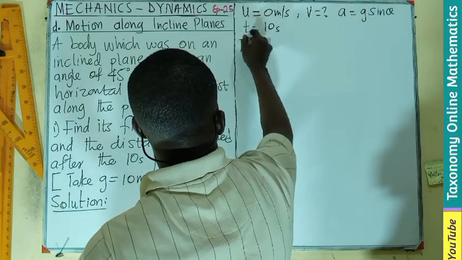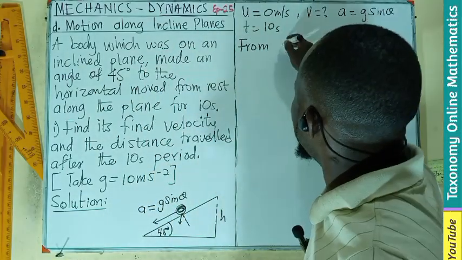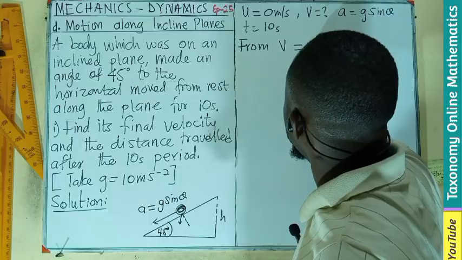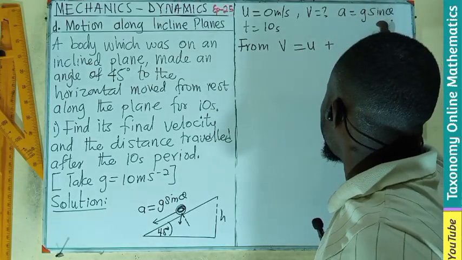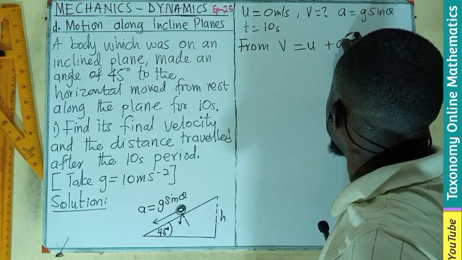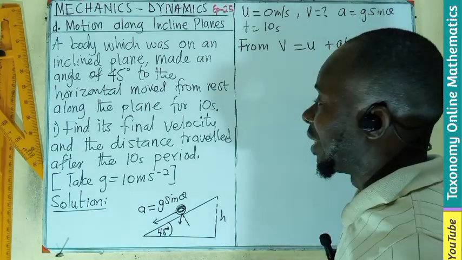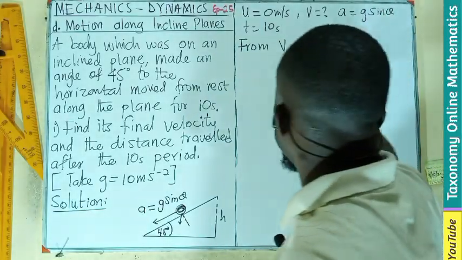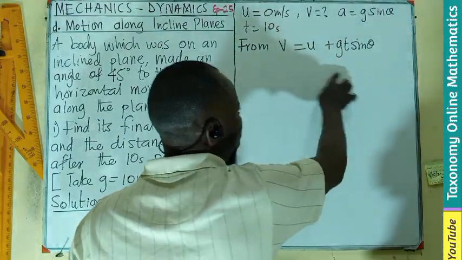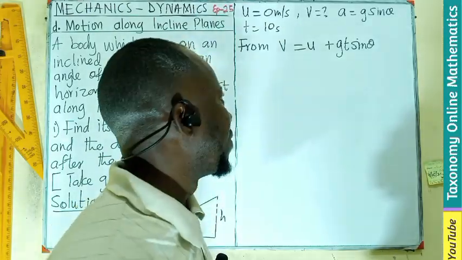Let's start from the first equation, v equals u plus at, where a is g sine theta. You can also find the acceleration as a whole and substitute into the known equation v equals u plus at. Nothing is wrong with that.